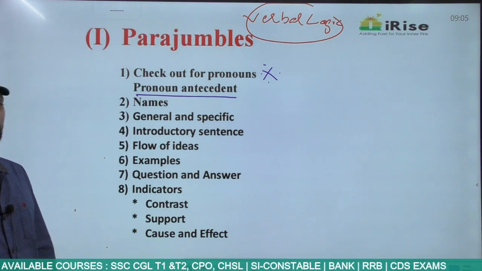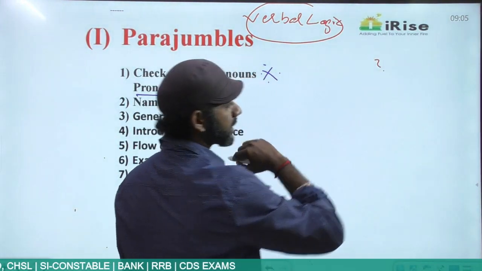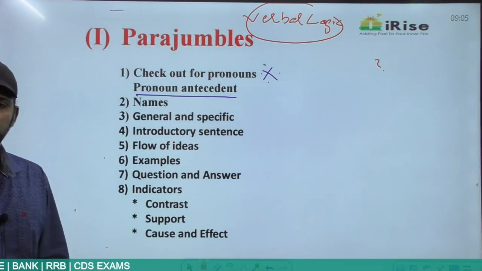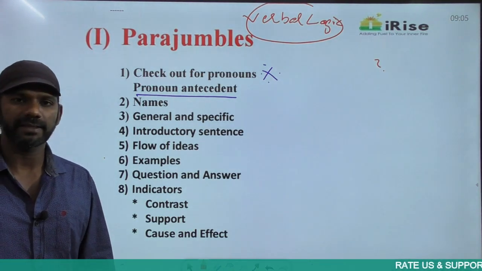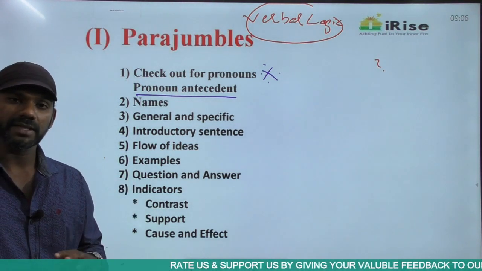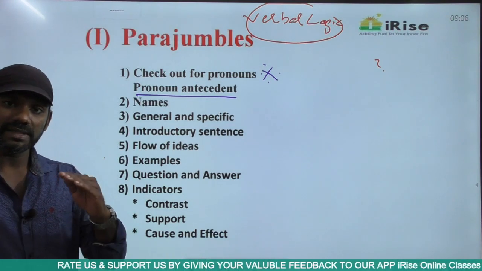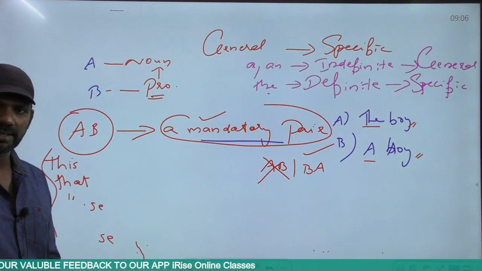What do you mean by an interrogative sentence? Any sentence ending with a question mark can be called an interrogative sentence. Can a paragraph start with a question? Yes. A paragraph can start with a question. And if a paragraph starts with a question, what comes immediately after it will be the answer to the question.